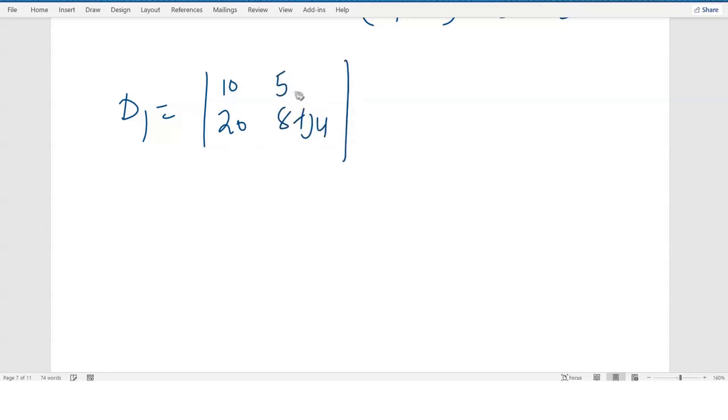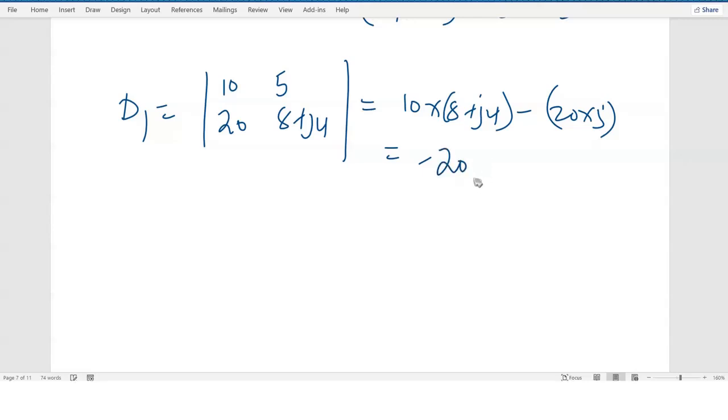The coefficients for I2 remain there. So this is going to be 10 times 8 plus j4. Then we subtract 20 times 5. So this is going to give us negative 20, then plus 40j.